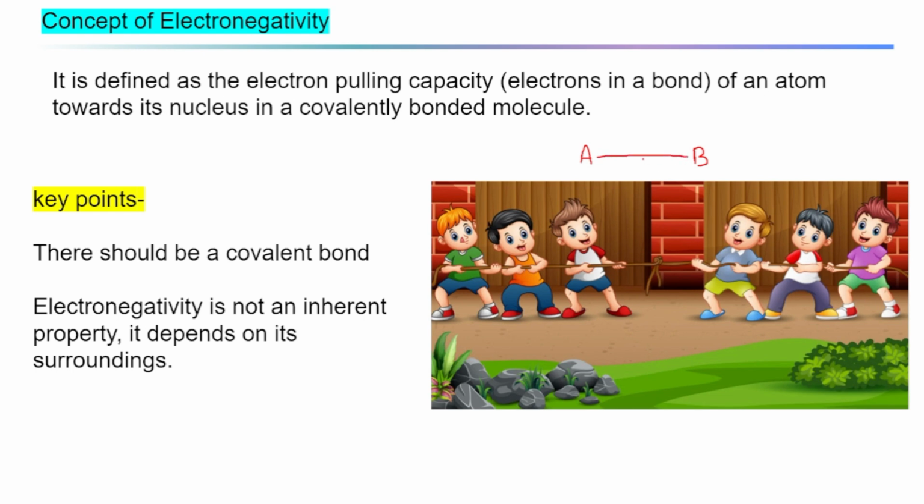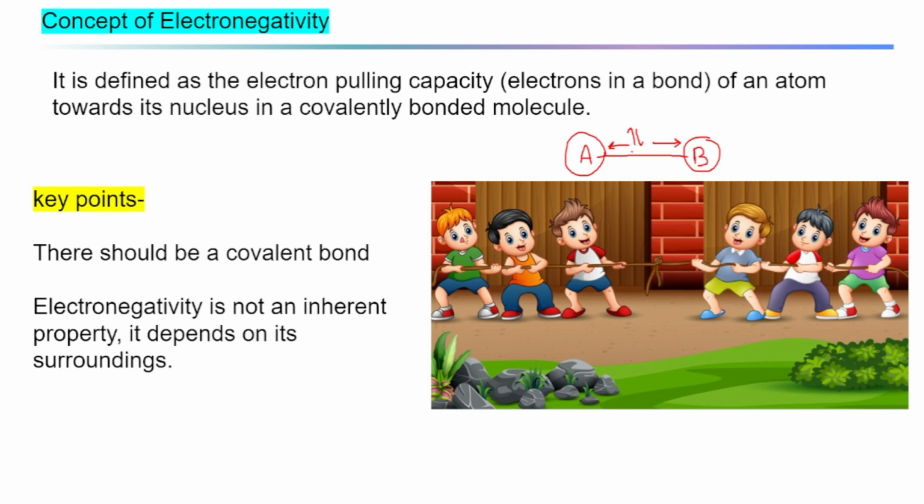Now this bond consists of electrons, two electrons. Two electrons make a bond. So atom A will try to pull those electrons towards itself. Similarly, atom B will also try to pull these electrons to its side. This is exactly how we play this rope pulling game.